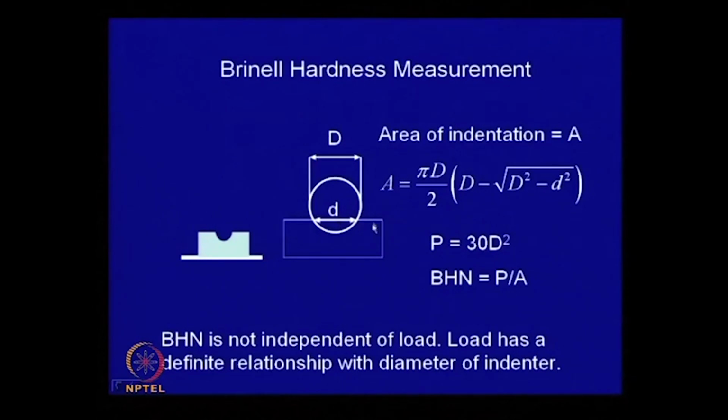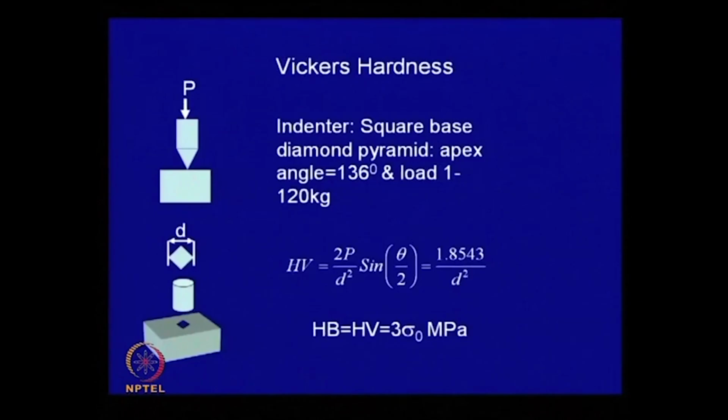So, therefore, you can well imagine the dimension of this indentation is quite large, and usually the Brinell hardness measurement is used on materials which have a lot of heterogeneity, something like cast iron, but you can also have Brinell hardness measurement with smaller indenter, smaller load as well.